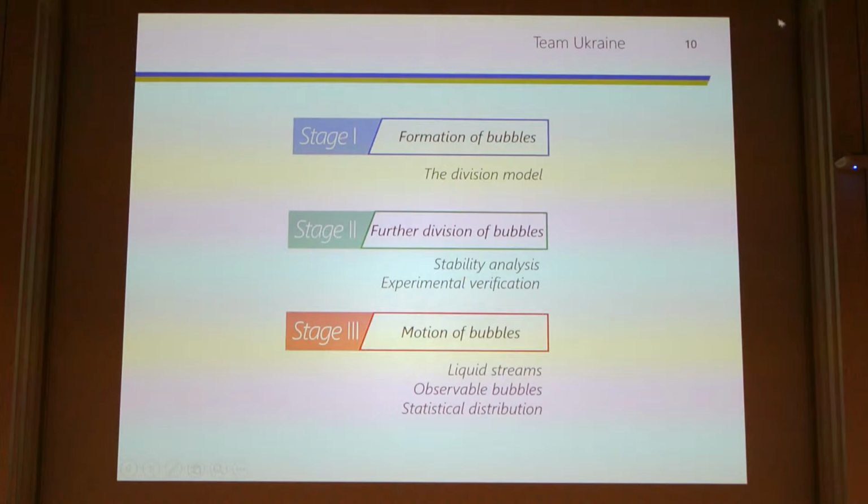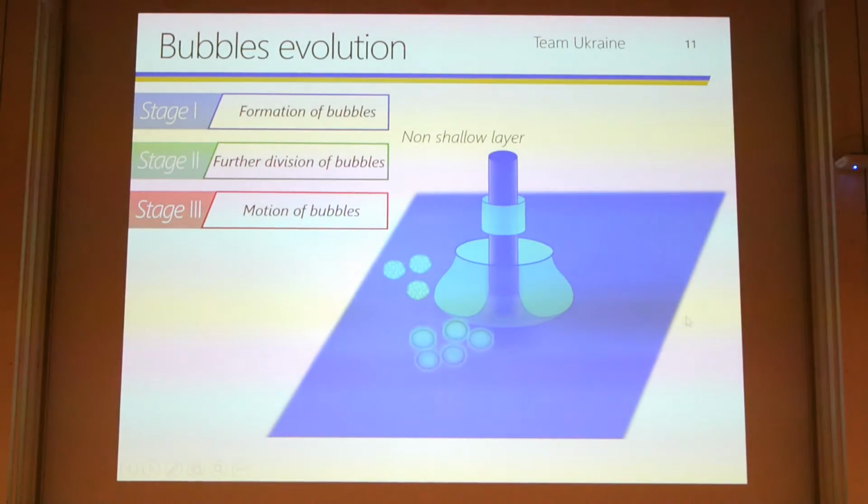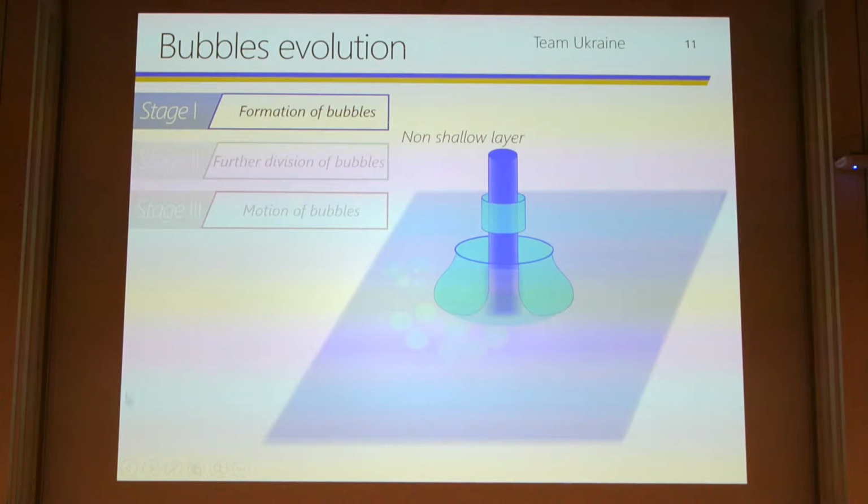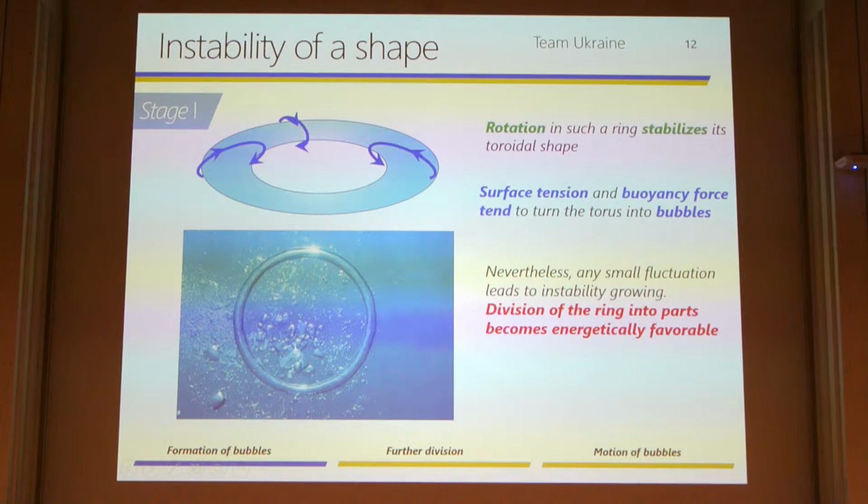So my approach will be structured according to the stages I've just been talking about. We are starting from investigation of the first stage, related to the formation of bubbles. As I said before, this toroidal structure is unstable due to the interplay of surface tension and gravity.